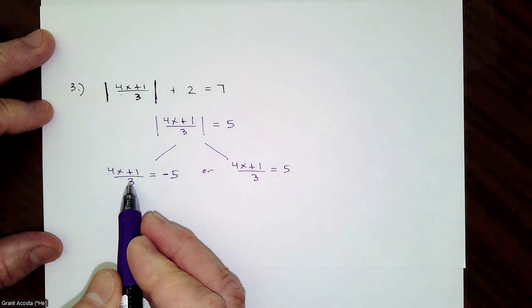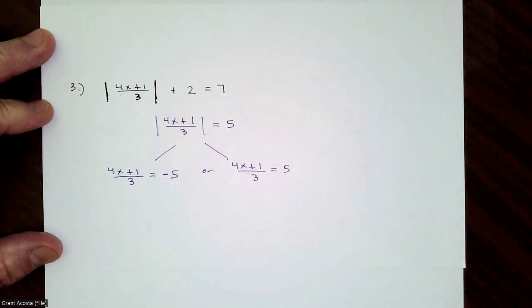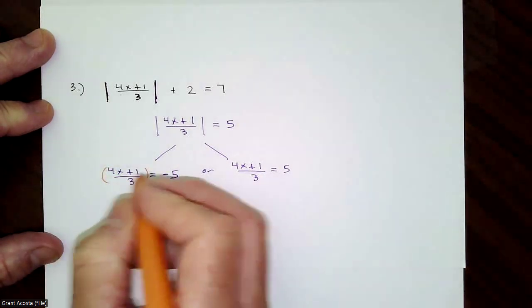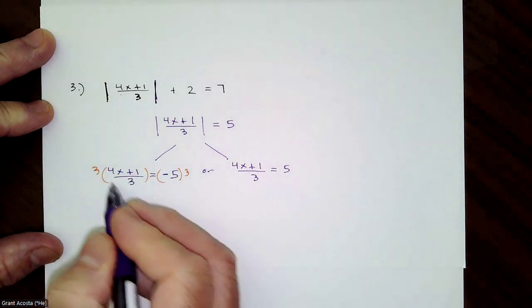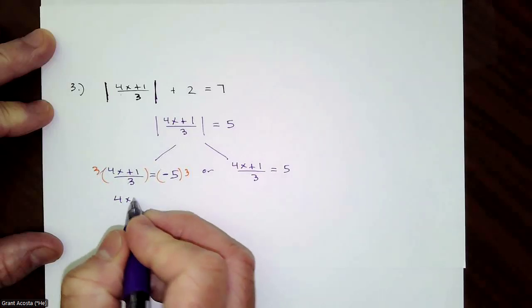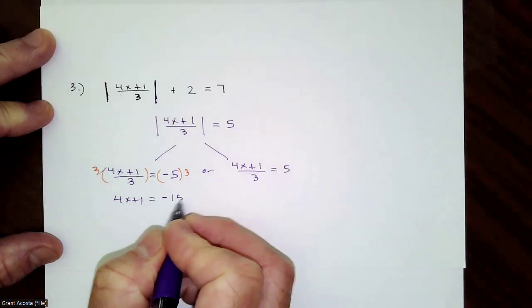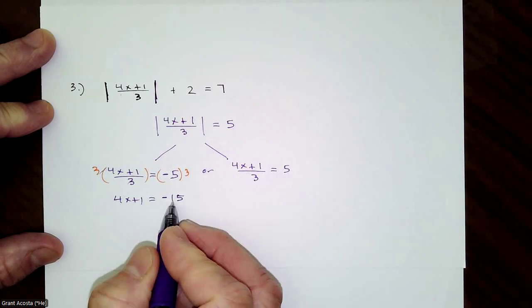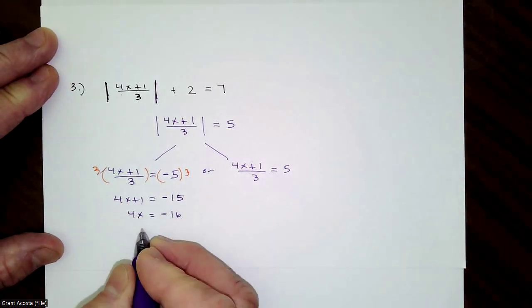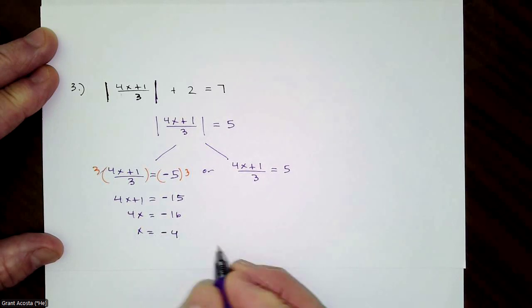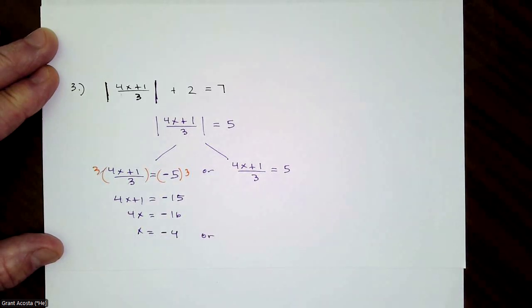Now here, remember the way to get rid of the 3 in the denominator is to multiply both sides by 3 so that it cancels out here. That's going to leave me with 4x plus 1 equals -15. Subtract 1 from that, I get 4x equals -16. Divide by 4, x is equal to -4. Same thing here.